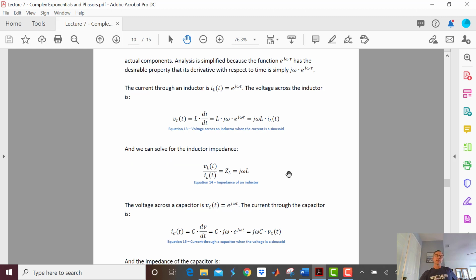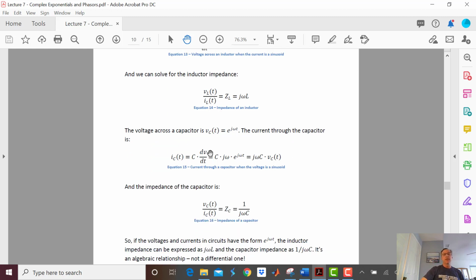Now similarly, if the voltage across the capacitor is Vc of t equals e to the j omega t, the current through the capacitor is I equals C dV/dt, and same trick. Take the derivative of e to the j omega t, and C dV/dt becomes C times j omega times e to the j omega t, equals j omega C Vc of t.